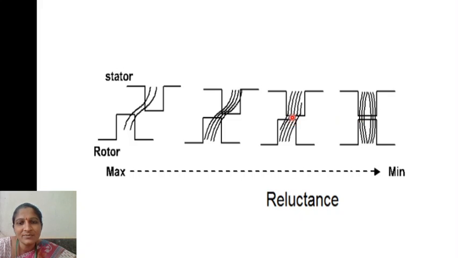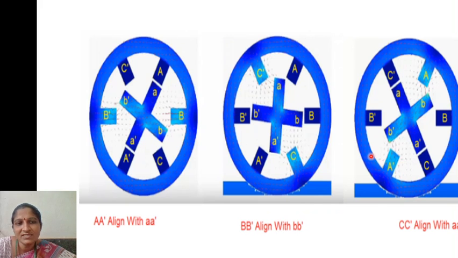Whereas if the rotor starts rotating in this direction, the air gap becomes more, so the reluctance will increase. It goes on increasing, and in this position it will be at the maximum, and here this is the minimum position.